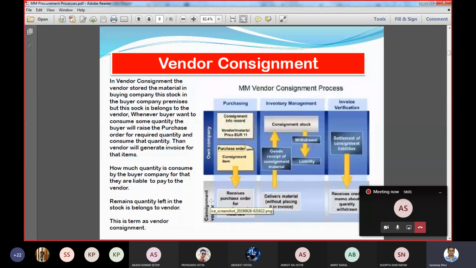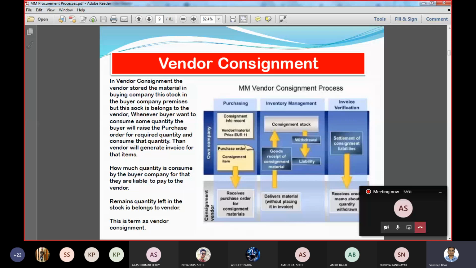Most of you have seen in the movies, like whether the consignment has been released or not in the seaport area. The vendor will give the consignment to the particular organization, and it will be stored in the inventory section of the organization.